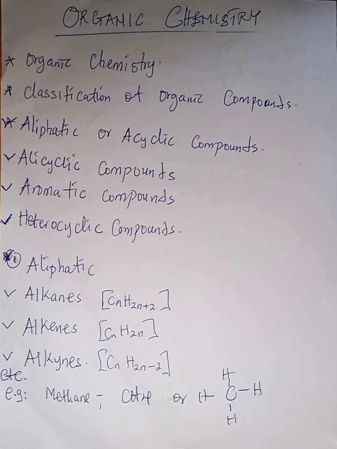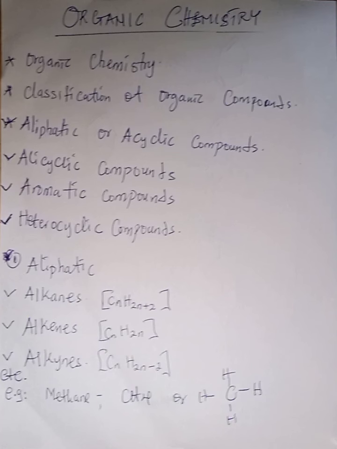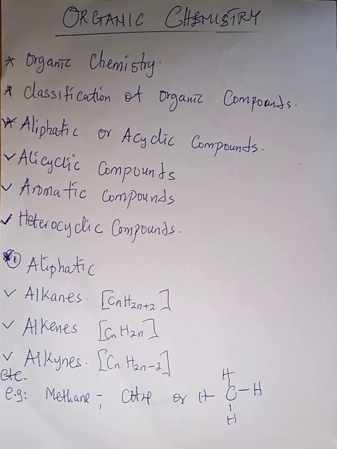The major compound that is comprised of carbon and hydrogen is the one they call hydrocarbon. A hydrocarbon is a compound composed mainly of carbon and hydrogen, and an organic compound is still like that, with other elements added.